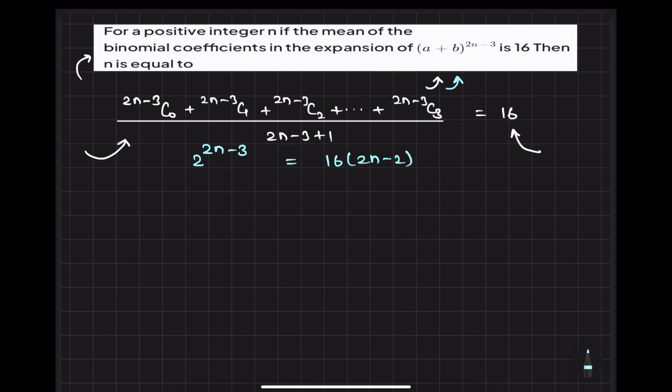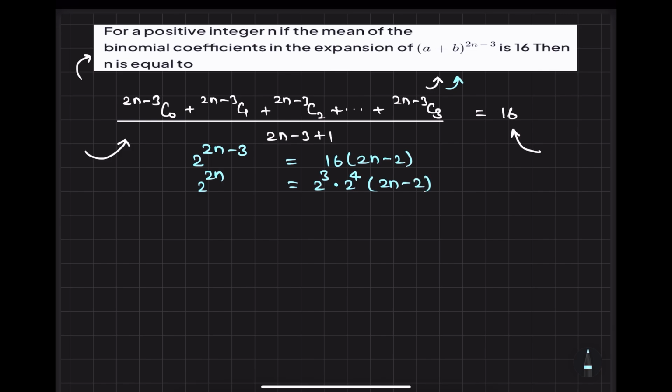You can simplify things, like we can write this as 2 power 2n by 2 power 8. So 2 power 3, sorry. So 2 power 3 will be multiplied both side, and then 2 power 4, and then 2n minus 2.